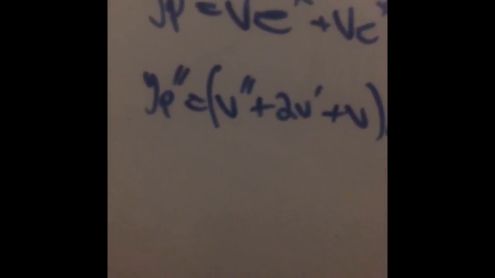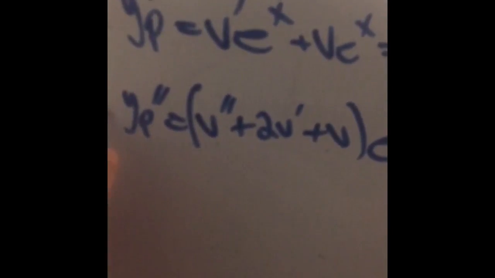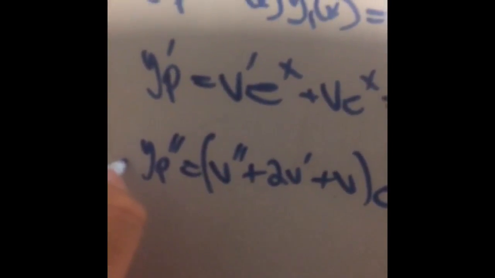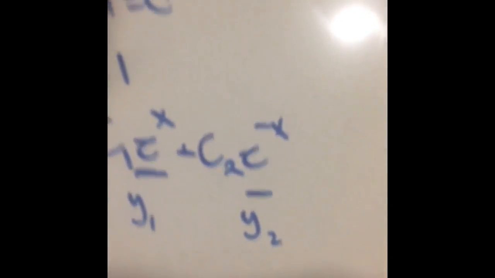So now we plug the y double prime and everything back into our original equation, and we get yp double prime minus yp equals e to the x.